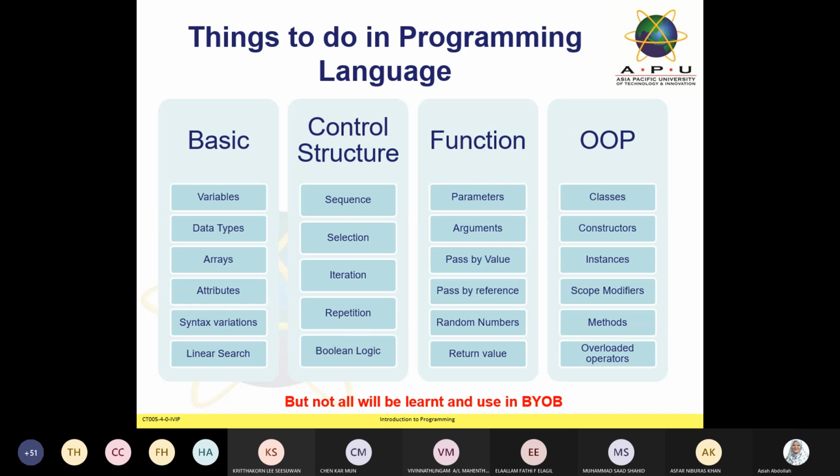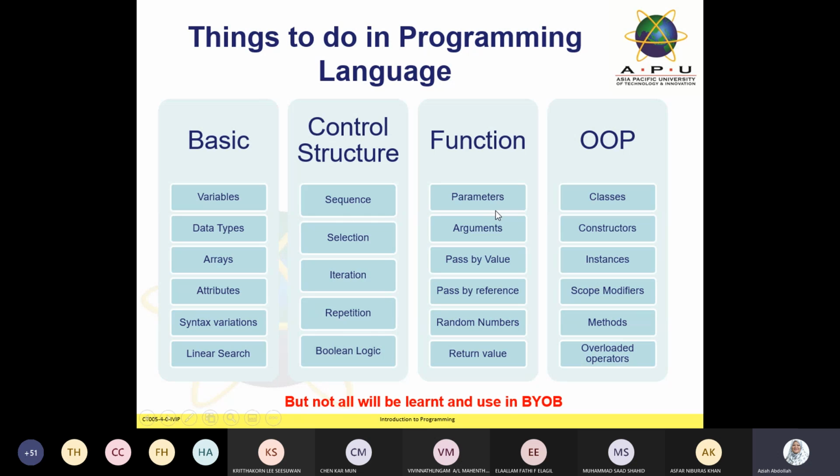So these are the things to do in programming language. A lot. Like the basic ones: the variables, the data types, the array or list, attributes, syntax variation, linear search. For the control structure, we have the sequence structure, selection structure, the iterations for repetition, and Boolean logic, which we use in our logical statements and logical expressions.